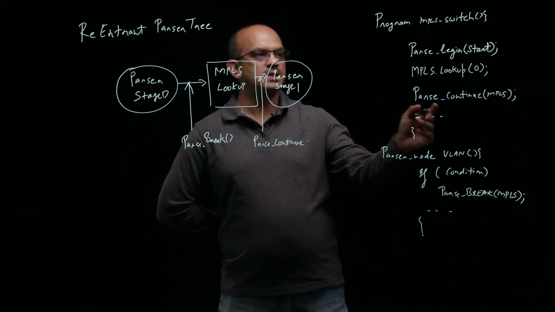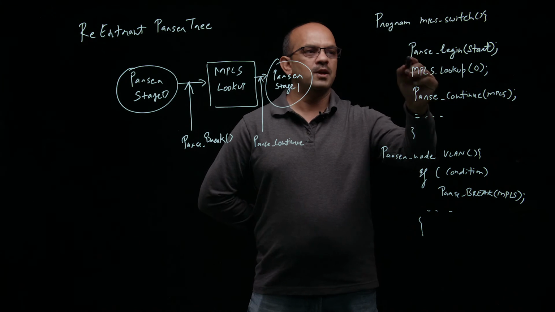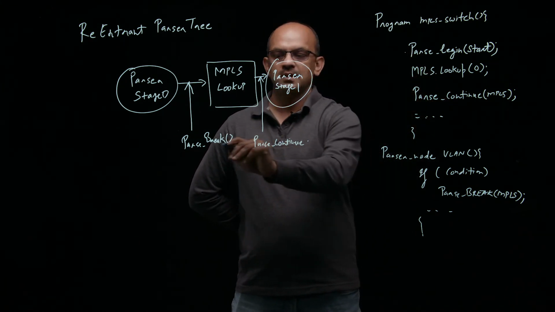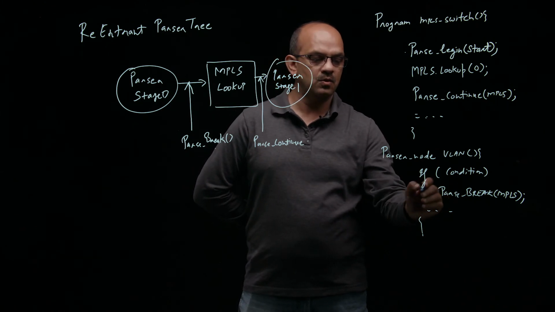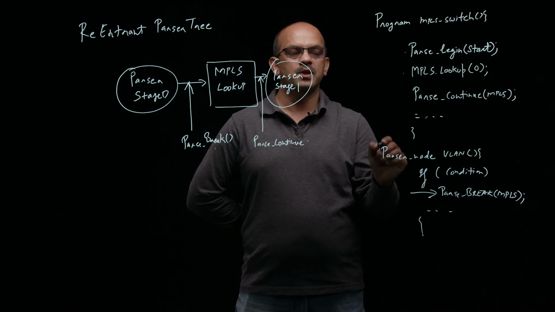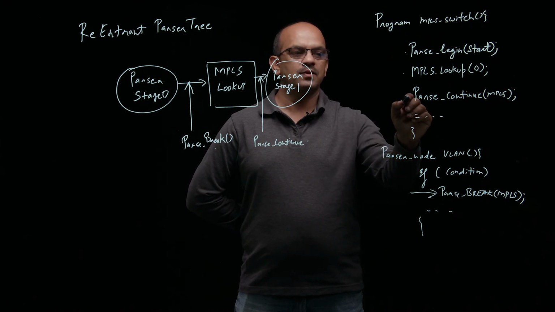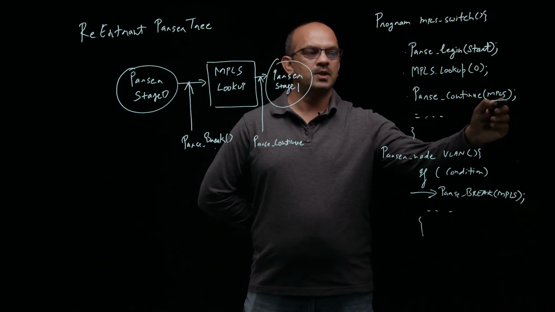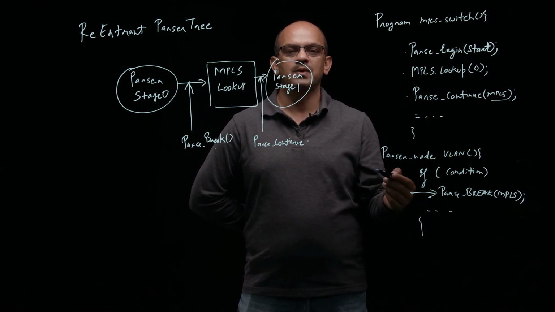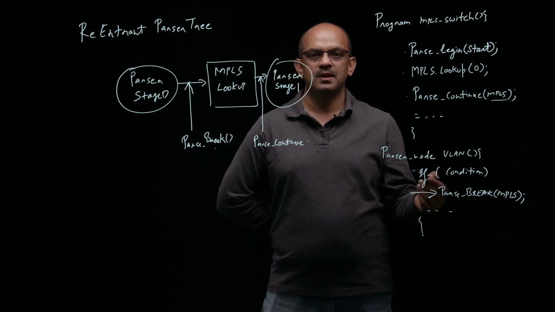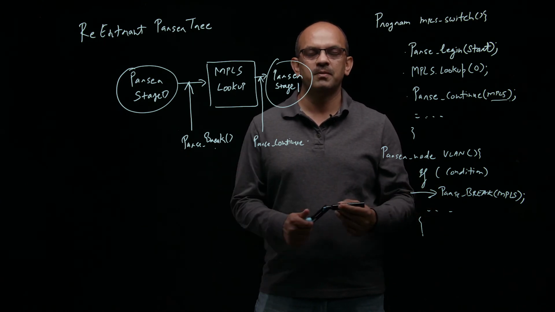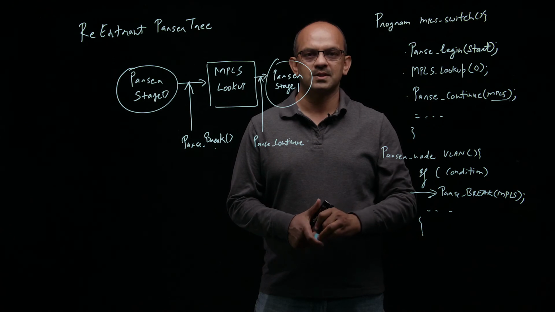As you can see on this side, in the program we have parse begin, which is where parsing has started. Thereafter this parse break kicks in over here under a condition. A table lookup is performed, and then thereafter we start parse continue from the next parsing node, which happens to be again an MPLS. So this is how NPL allows the end user to specify some processing or a logical table lookup during the parser tree traversal.